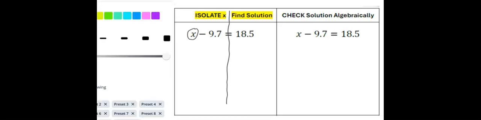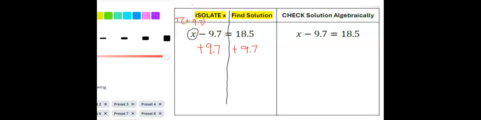I'm going to identify that, hey, I have a minus 9.7. So to solve this, to find the total, because I'm missing a total, I'm going to add 9.7 to both sides. And when I do that, it'll isolate my variable and I'll find the solution.